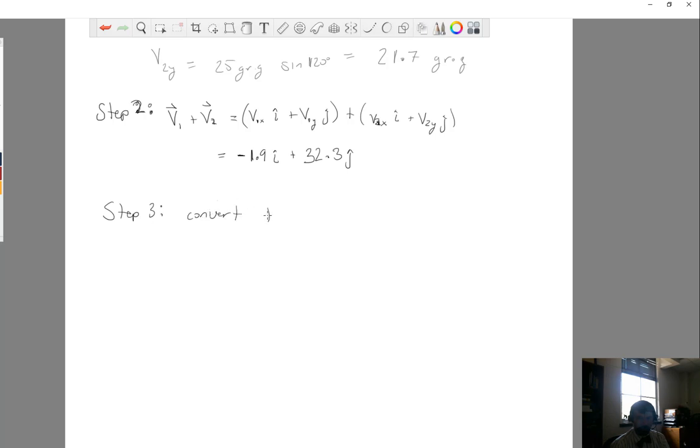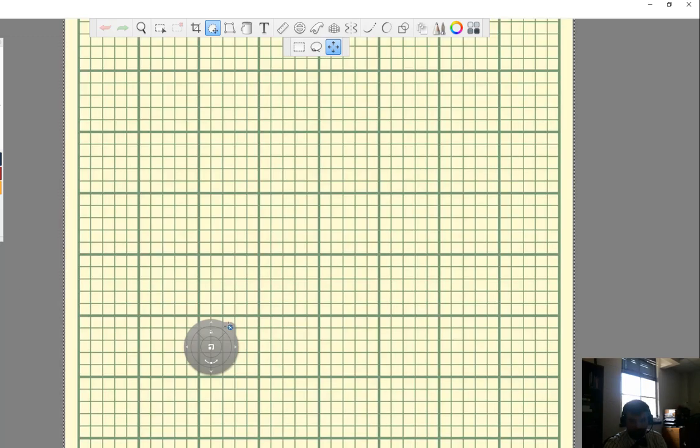Convert to polar. The way that convert to polar works is we can put our graph paper back in.